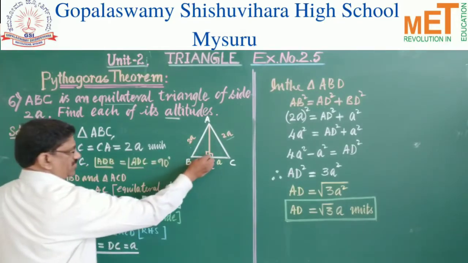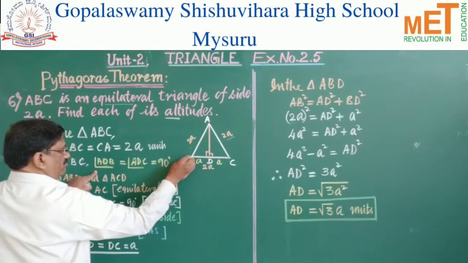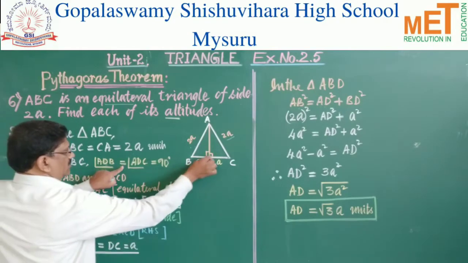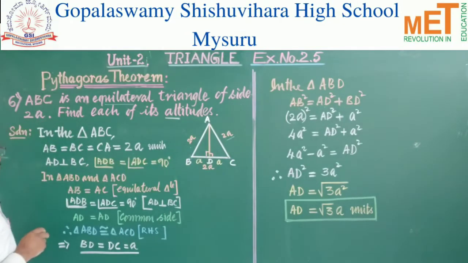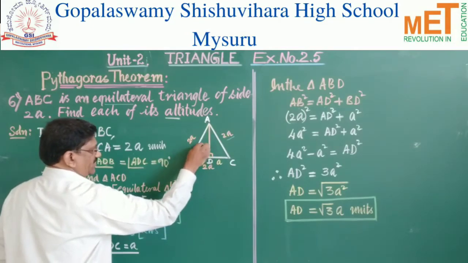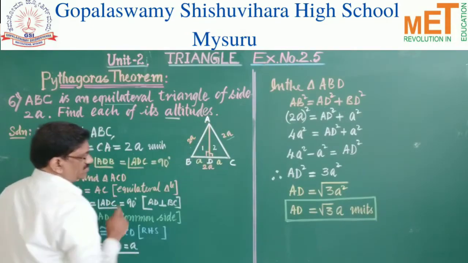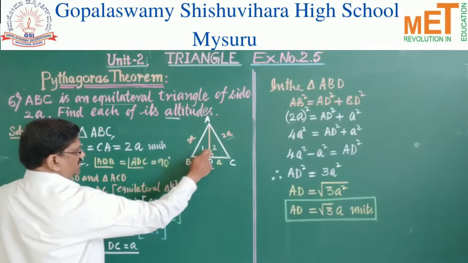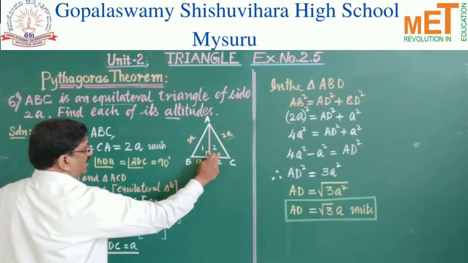Since we have drawn a perpendicular, angle ADB is equal to angle ADC is equal to 90 degree, right angle. Whenever we draw a perpendicular, it divides the triangle ABC into two triangles. So let us take these two triangles, triangle 1 and triangle 2. We shall compare these two.